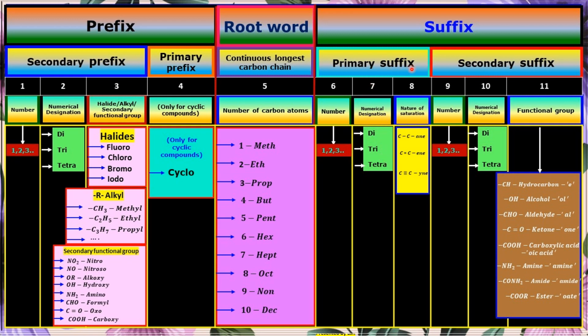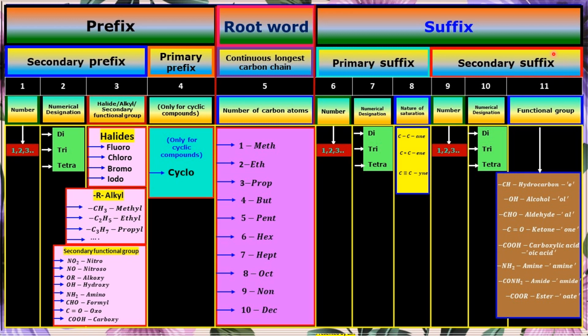And in case of the primary suffix here, depending upon the nature of the saturation, we have to use these suffixes. If only carbon-carbon single bonds are there, we have to go for ane. If carbon-carbon double bonds are there, we have to go for ene. And if that compound has at least one carbon-carbon triple bond, then that is yne.